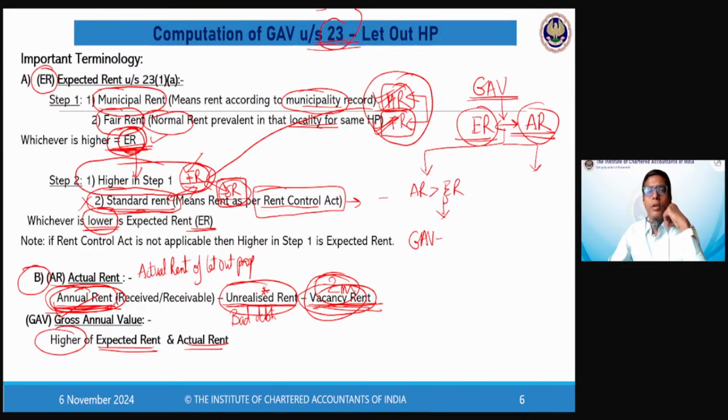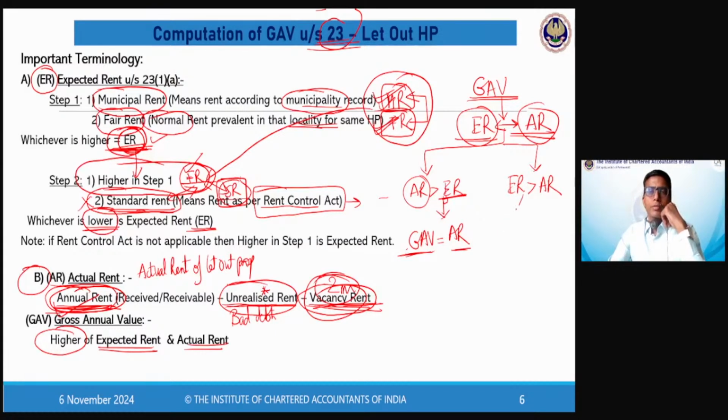Then your GAV is actual rent. So where your actual rent is greater than expected rent, GAV is actual rent. Where the opposite happens, expected rent is greater than actual rent.